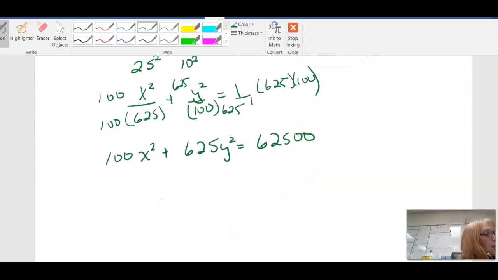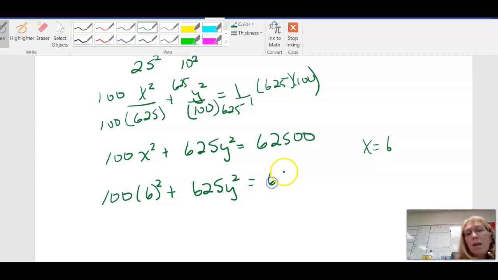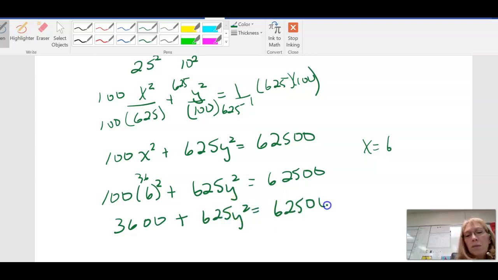Now again, I plug in either the x or y. I know the x is 9 or 6. So we know x equals 6 from above because that's half my truck. So I plug that in here. So we have 100 times 6 squared. And now we're solving for y. And we have to see if that is taller than the truck. Hopefully, right? So now we got 36 times 100. Subtract your 3600.